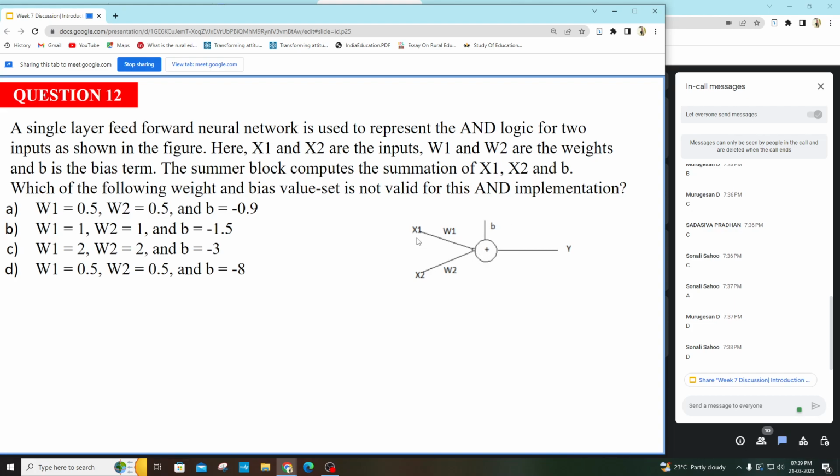I have told you how output is calculated. Output is calculated by x1 w1 plus x2 w2, and I have not told you about bias. So what happens is, yes, your transfer function can be 1 by x.